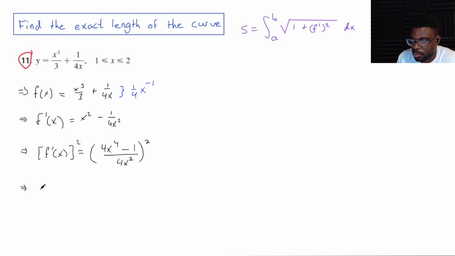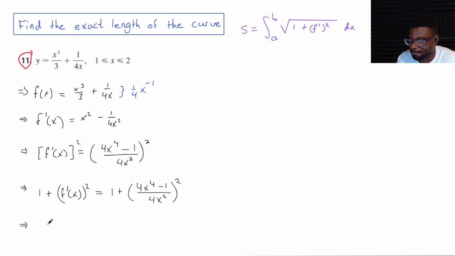So we're just going to add 1 to this. So 1 plus f prime of x squared is 1 plus 4x to the power 4 minus 1 divided by 4x squared, squared. Let's expand this, and then combine all the terms and simplify.